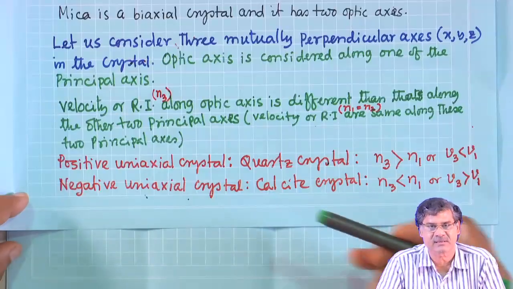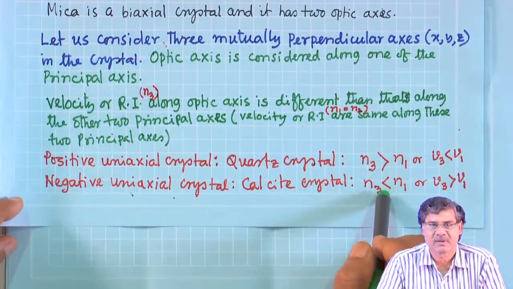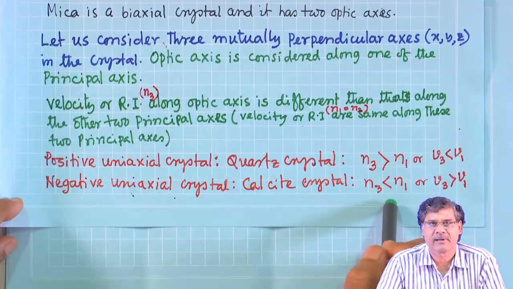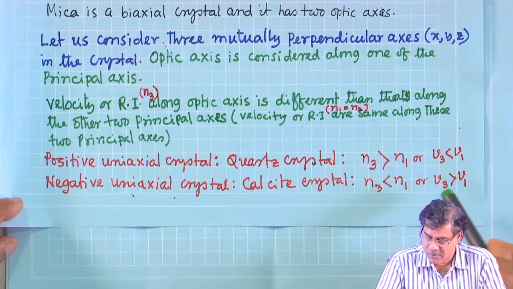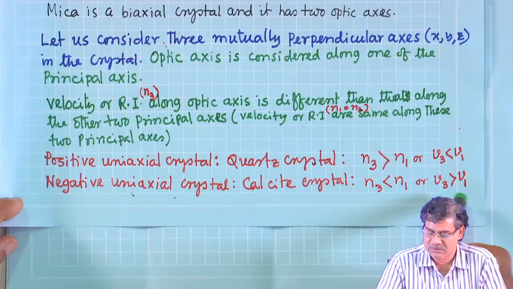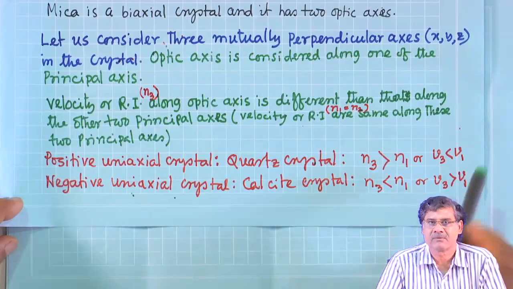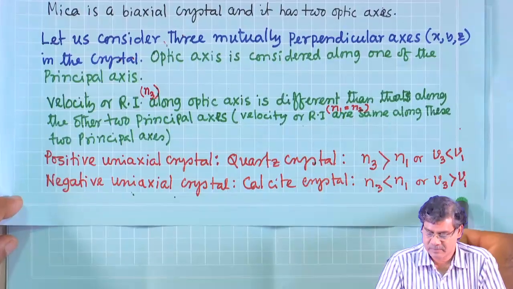it is just reversed. Okay. Refractive index along the optics axis n3 is less than n1 or n2, or velocity along the optics axis is greater than the velocity along the other two directions, that is v1 or v2.